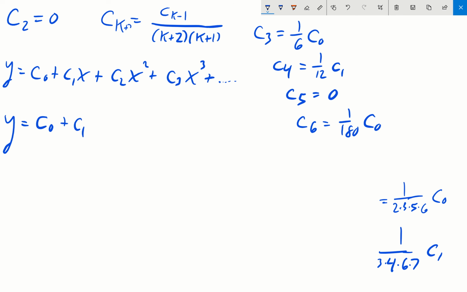We don't know the value of c1, it's arbitrary. We know that c2 is 0. We know that c3 is 1/6 c0, which I'm going to write like this. I'm going to go back to the factored form of it. It was 2 times 3. And that's going to be x cubed plus our c4, which is this coefficient right here.